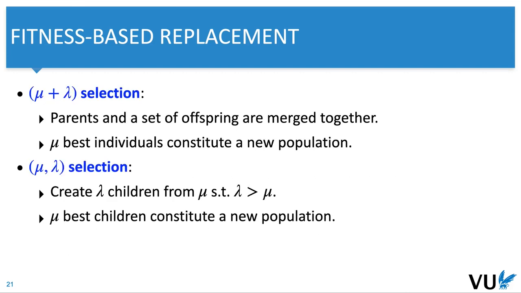Another selection, and this is very widely used, is mu plus lambda selection. This notation with brackets is taken from evolutionary strategies. What does mu plus lambda mean? It means that we generate an offspring, we take the old population, we take new solutions, and we merge them together, and we simply pick the best individuals, and they constitute a new population, right?